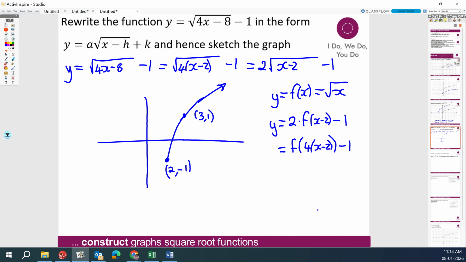But for the ones we've seen so far, the absolute value function, the quadratic function, the root function, and we've looked at a bit with rational functions, with all of those functions, a horizontal dilation becomes a vertical dilation. The compression becomes a stretch. But this isn't true in all cases, it is true in this one.